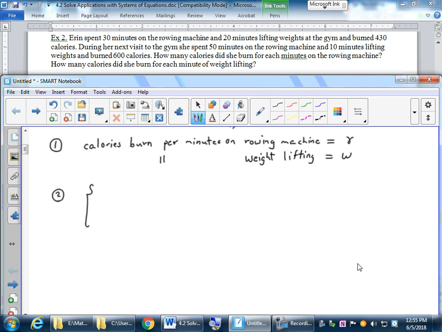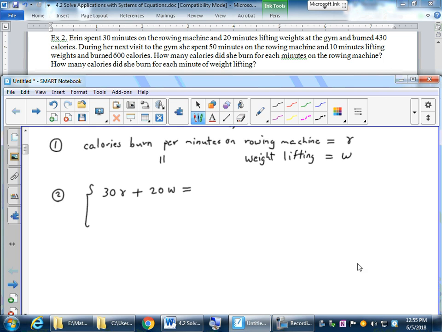So the first visit to the gym, she spent 30 minutes. So 30 times calorie burns on a rolling each minute, that will give me how many calorie burns. And then plus 20 minutes, that's weightlifting. So 20 minutes time, the numbers of calorie burns per minute on weightlifting will give me, again, a total calorie burns.